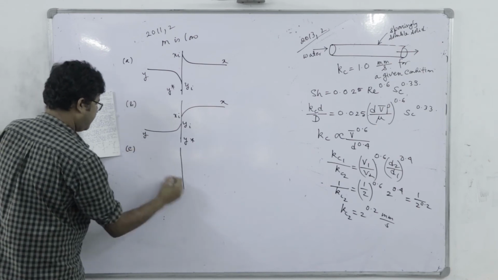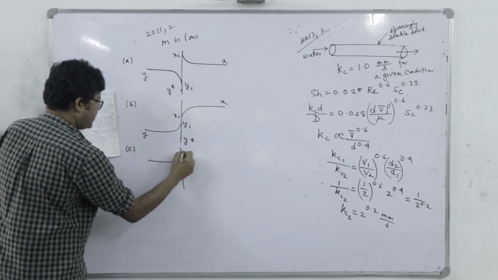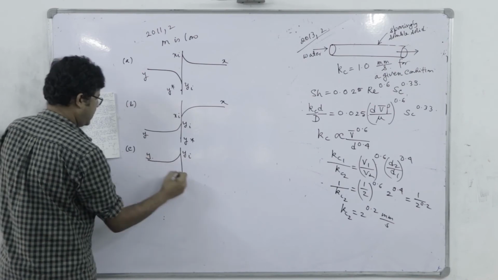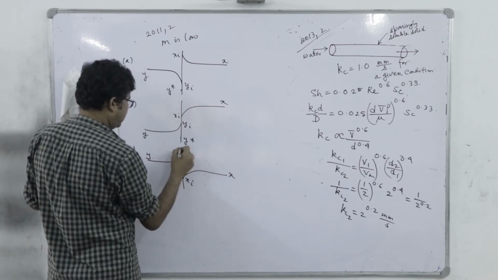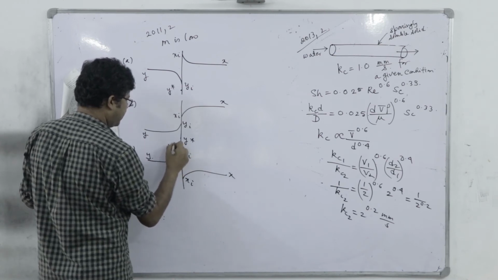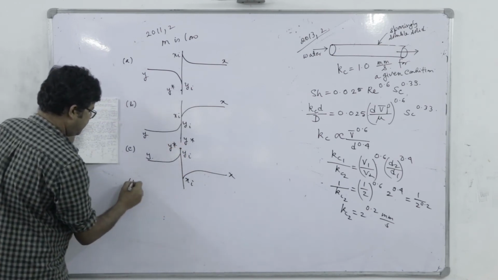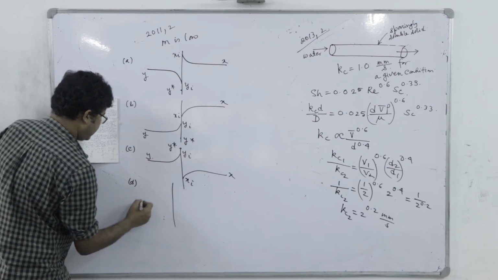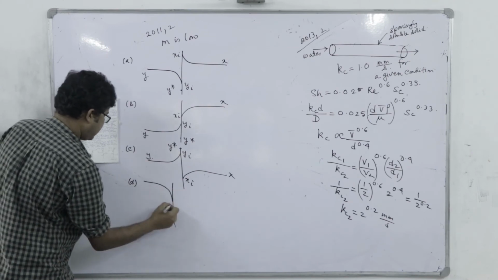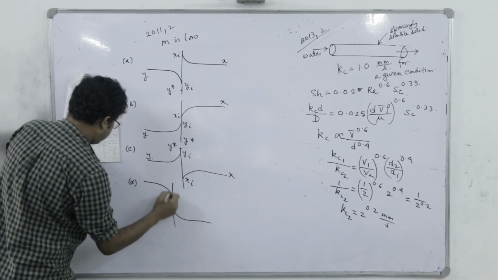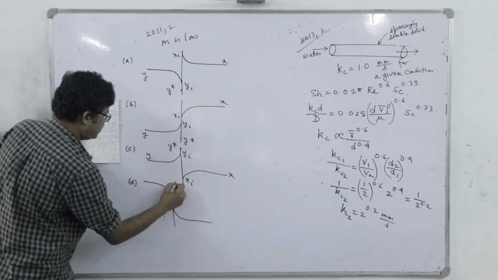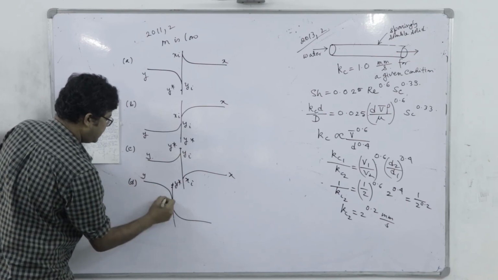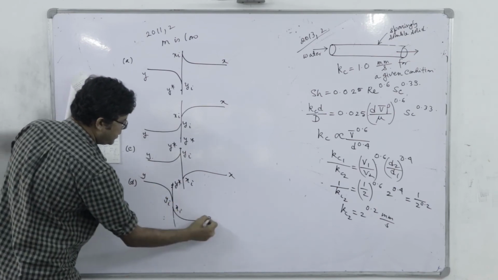C, yi, y, xi, x. Here is y star. And option D, somewhere here is y star, y, yi, xi, x.